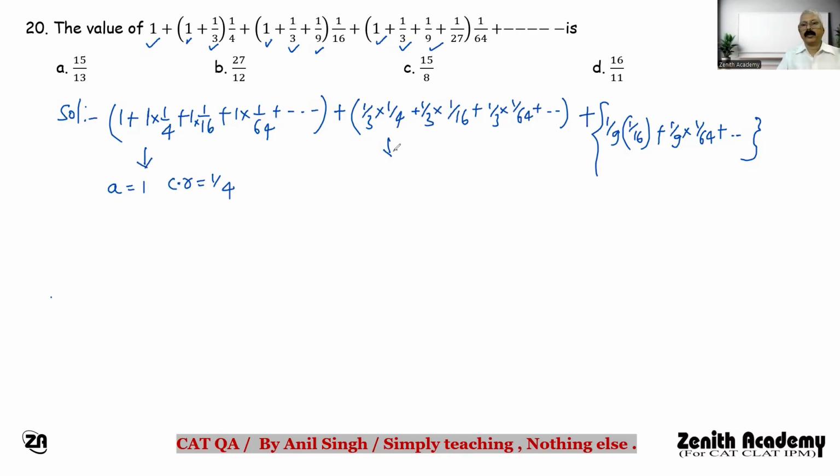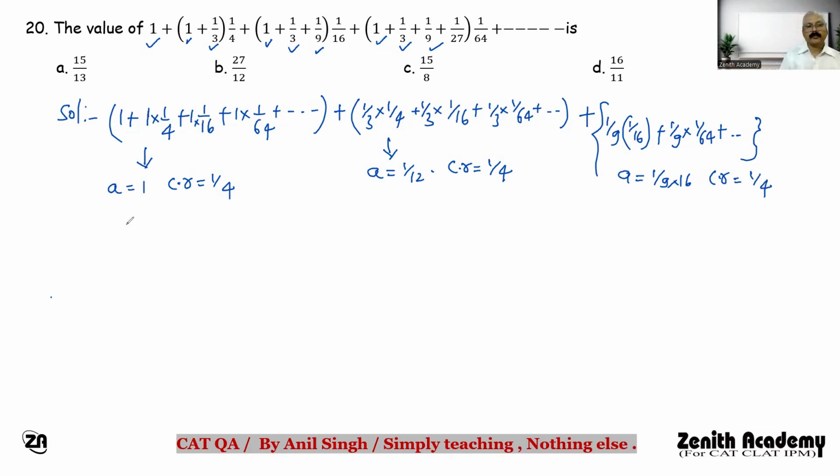For this bracket, you can say A is 1 by 12 and the common ratio is 1 by 4. For this one, you can say A is 1 by 9 into 16 and the common ratio is still 1 by 4.